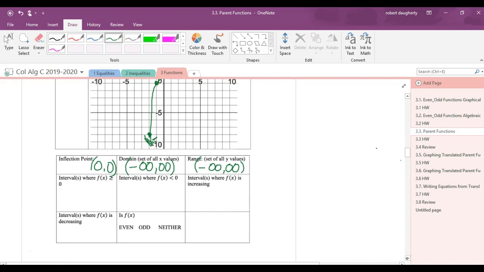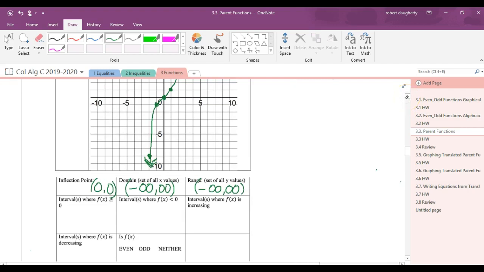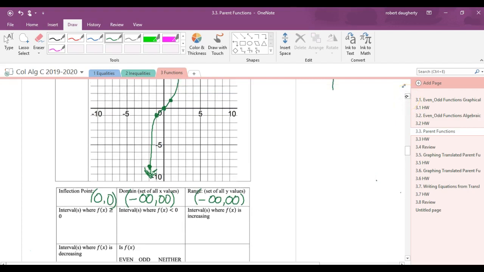Question? Okay, yeah. Intervals where this function is greater than or equal to 0. That means I'm looking where is the graph above the what? Which axis? Above the x-axis. So where is it above the x-axis? That's from there to there. So where is that interval?